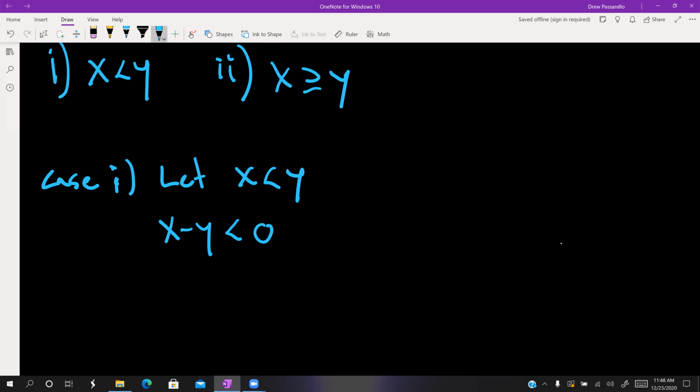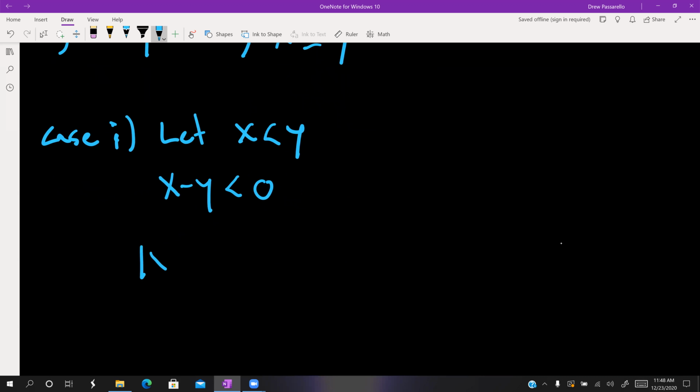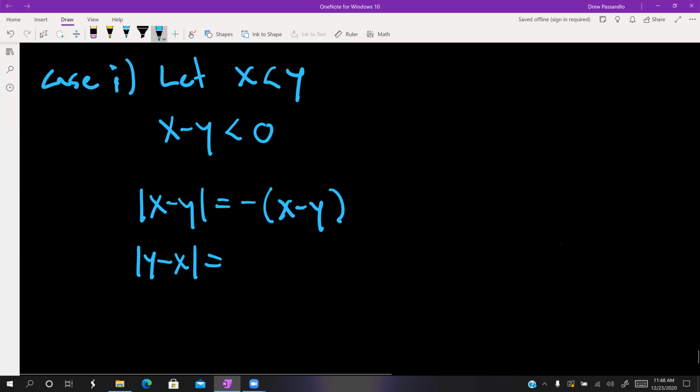And when we do the absolute value of x minus y, that's going to be equal to the negative times x minus y, because x minus y itself is less than 0. And we know that the absolute value of y minus x is the same thing as negative x minus y. All right, so these are just some facts that we know.